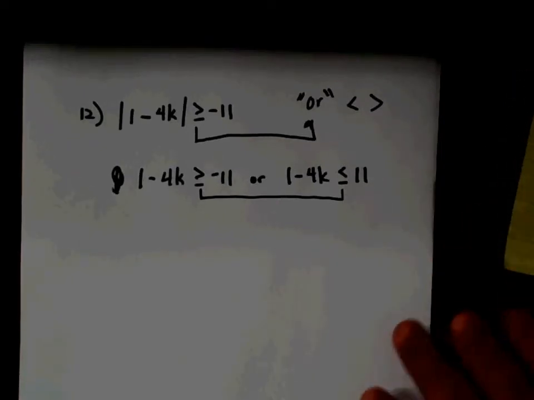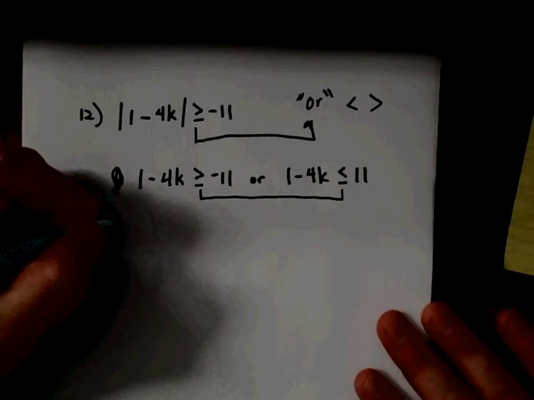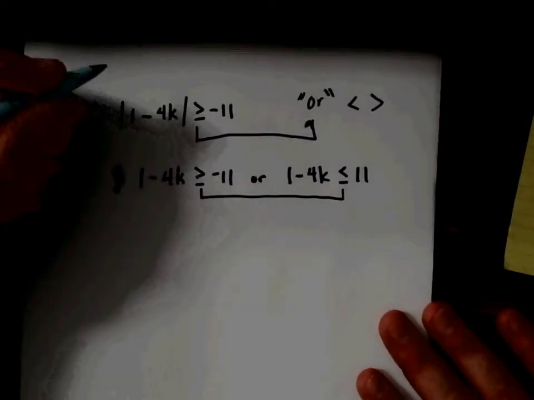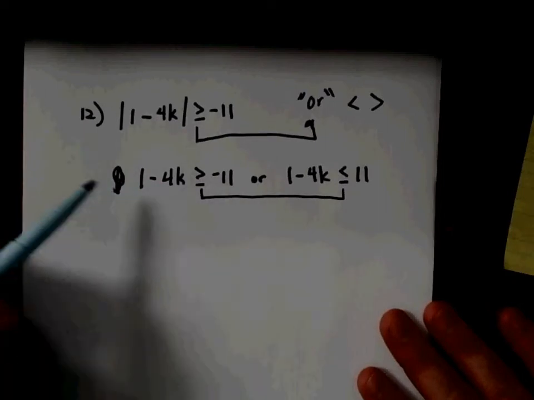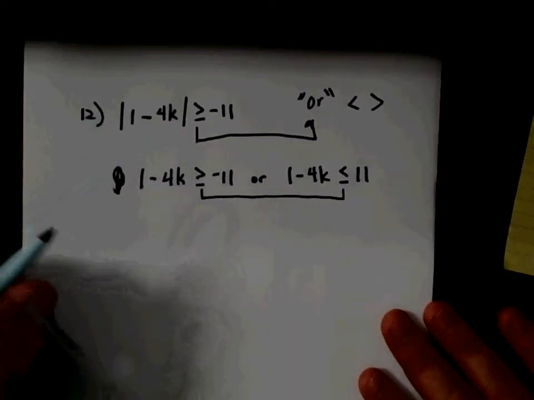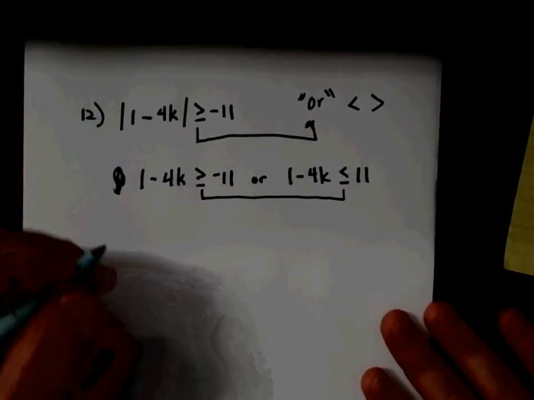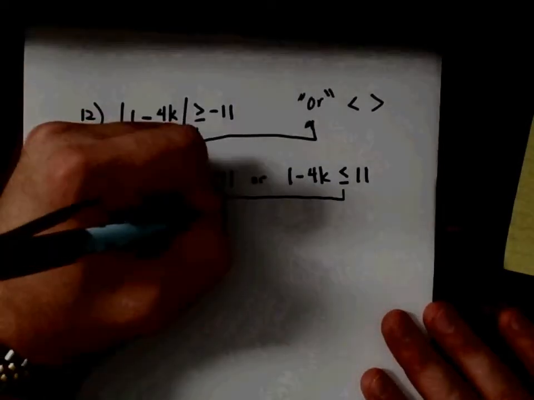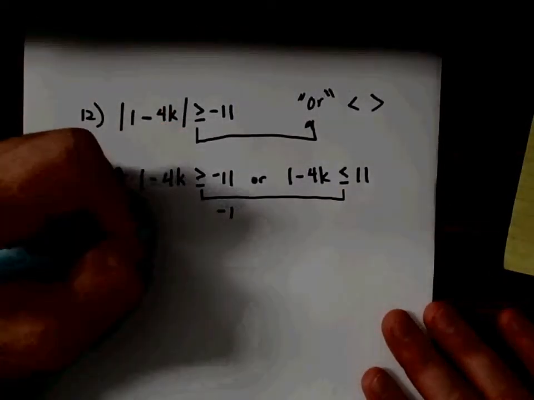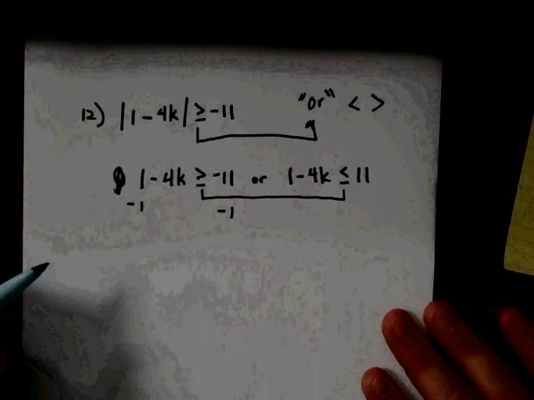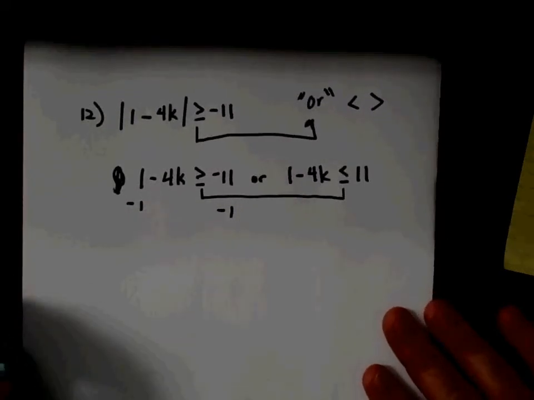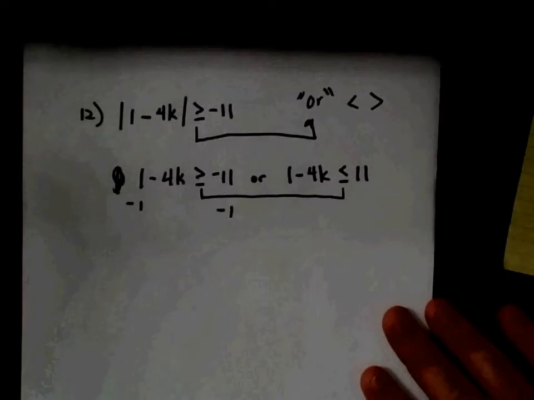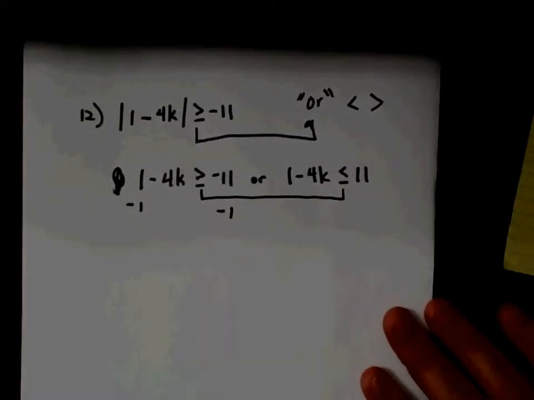And so now I'm going to solve each. Now, this is going to have an issue right here. That's a very common mistake that I've watched you make when you've solved equations or inequalities. You have no problem subtracting the 1. That works out great. But when you bring this down, you bring down positive 4k. You leave the negative off the k for some reason. I don't know if it's because you don't understand you need to bring it with you, or you're just not paying attention to details. But that's a very common mistake.